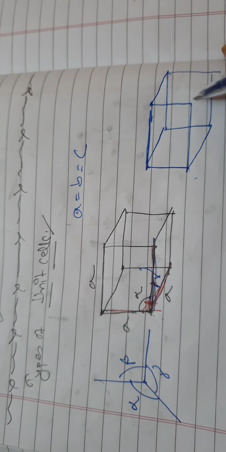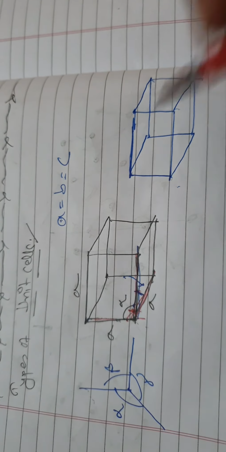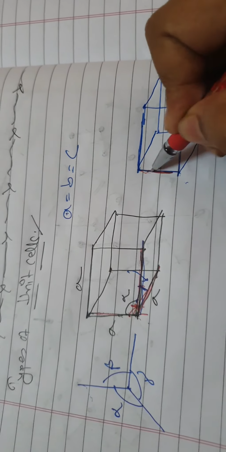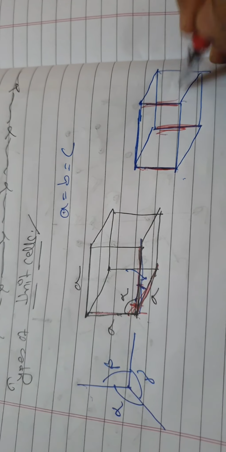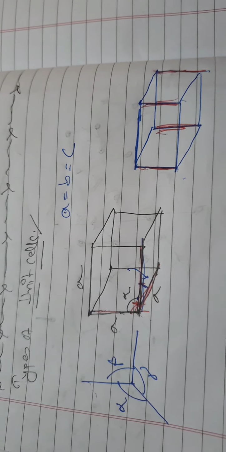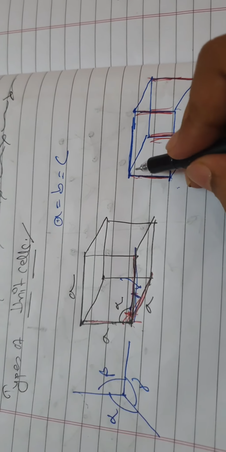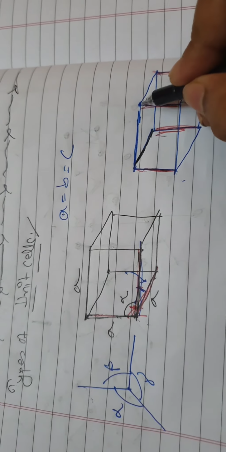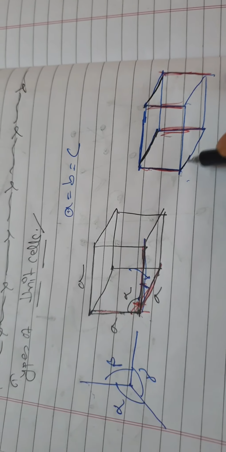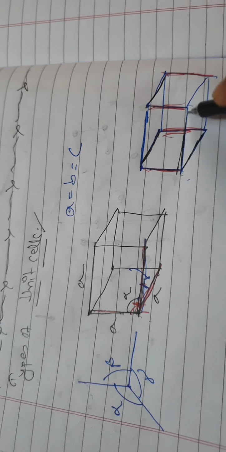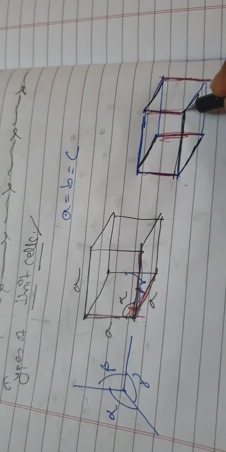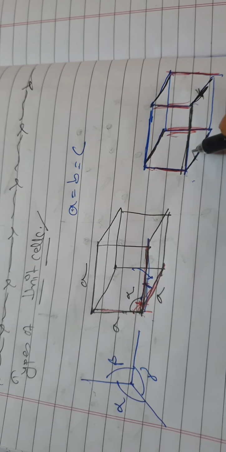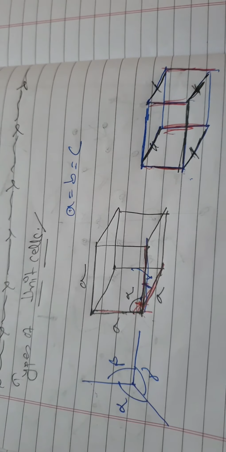So what are the various length, breadth and height there? Suppose this is the height. Isn't it? And this is the breadth. Oh, sorry. Not that one. This one, this one, this one, and this one.